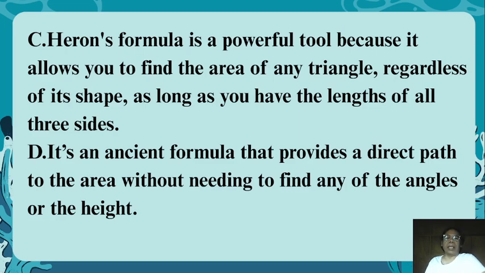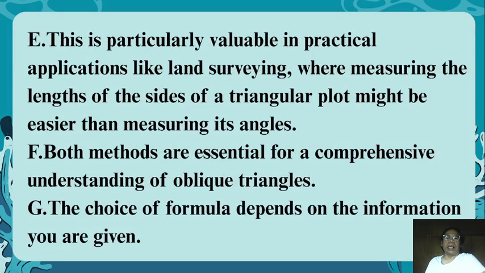It's an ancient formula that provides a direct path to the area without needing to find any of the angles or the height. This is particularly valuable in practical applications like land surveying, where measuring the lengths of the sides of a triangular plot might be easier than measuring its angles.